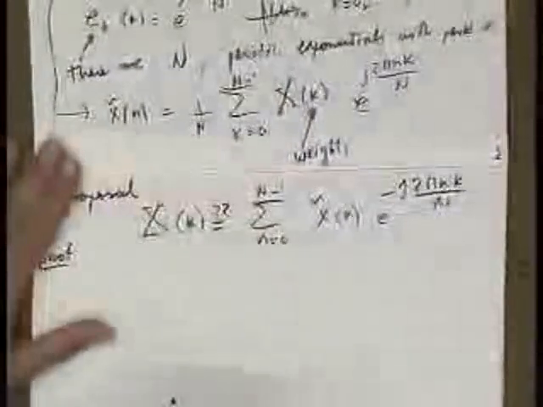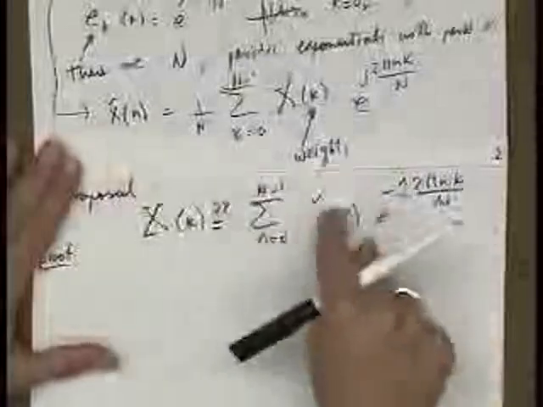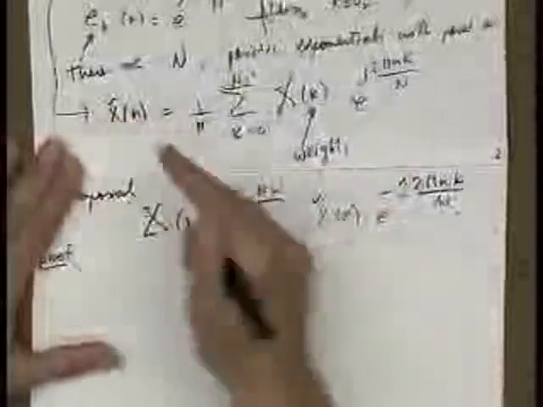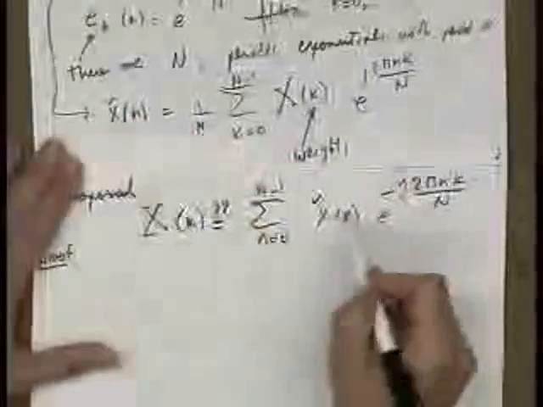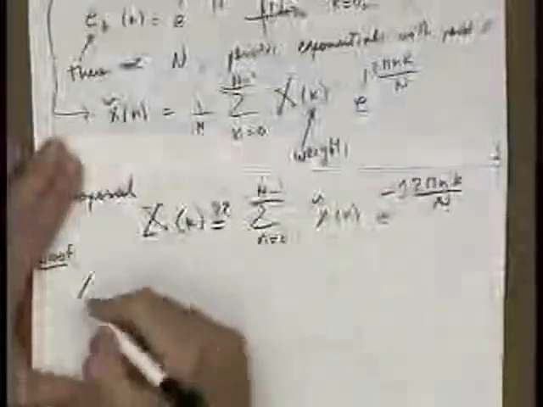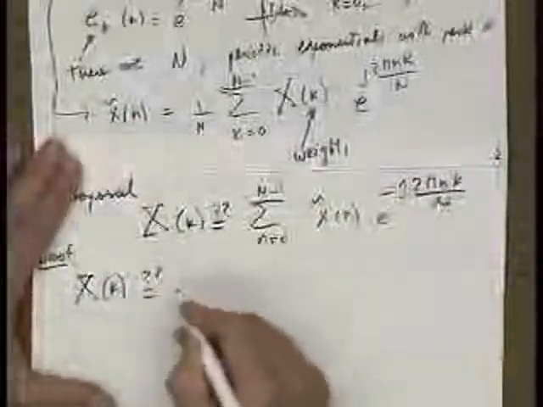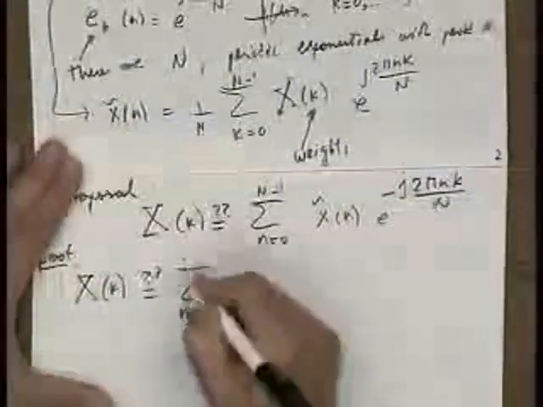Or vice versa. It doesn't make any difference. So replace the x tilde of n from this equation into this, and see if you can show that the right-hand side is equal to the left-hand side. So x of k, question mark, is equal to the summation from n equals 0 to n minus 1.